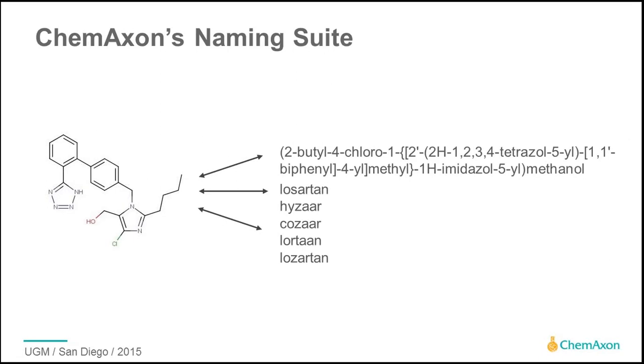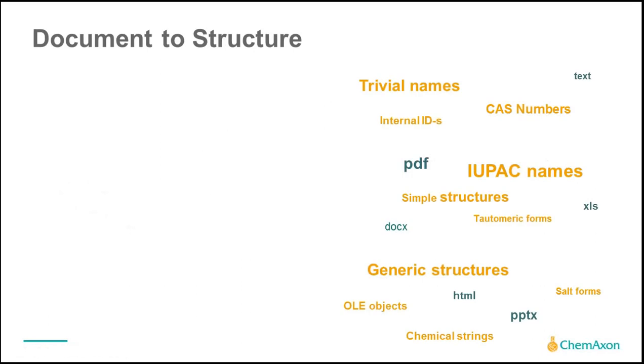And it works also vice versa. But in many cases, it is not that simple. The chemical information occurs in every possible form in various types of documents. It can be internal IDs, CAS numbers, all sorts of chemical strings, all the objects as well in some cases. And also the documents can be very versatile.